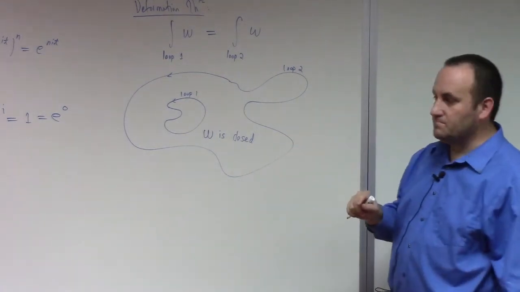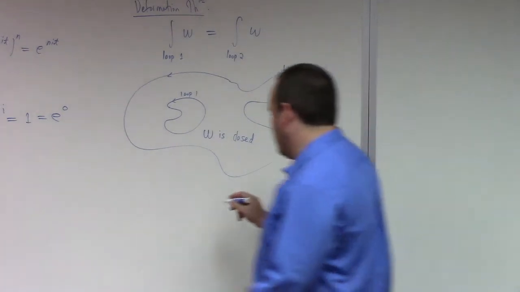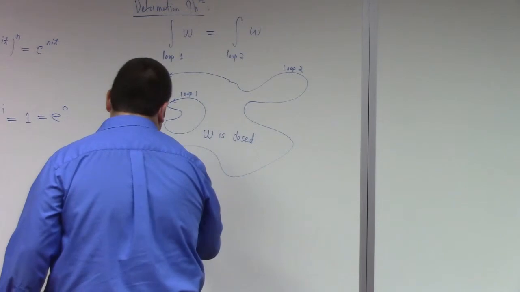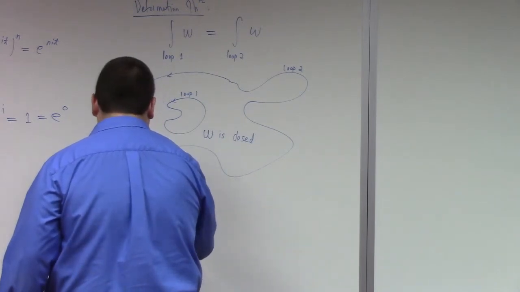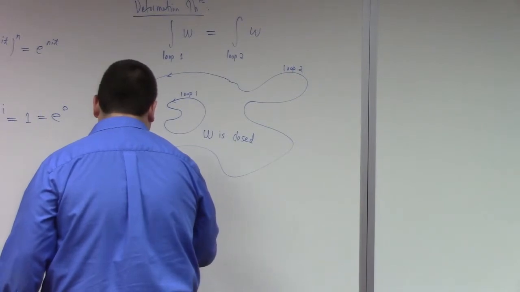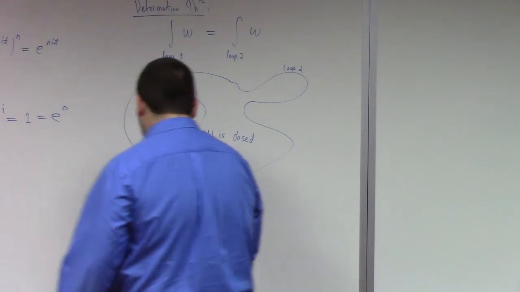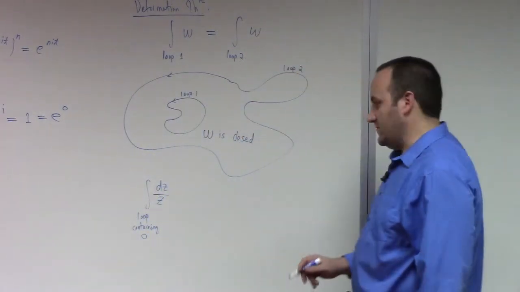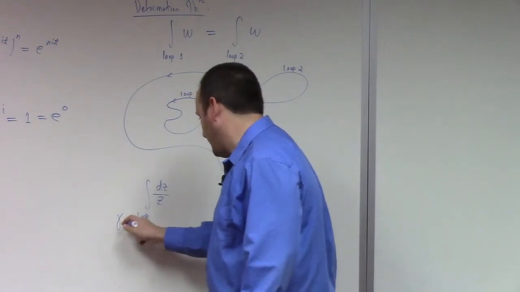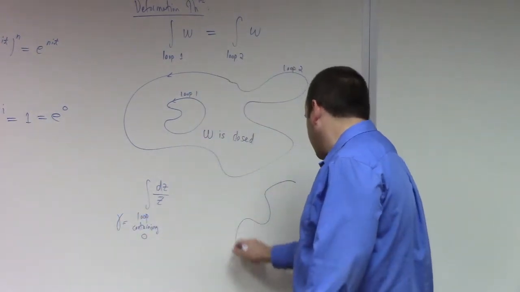And, well, anyway, through Green's theorem, essentially. So with this, you see, I can calculate the integral of dz over z over some loop containing the origin, counterclockwise, right? So if my loop, let's say gamma, could look like this.